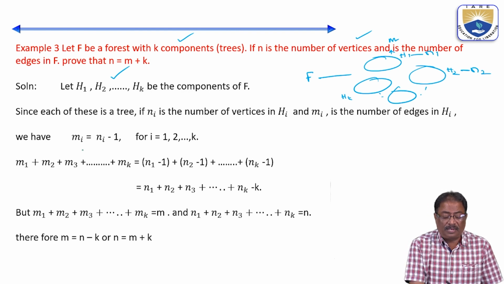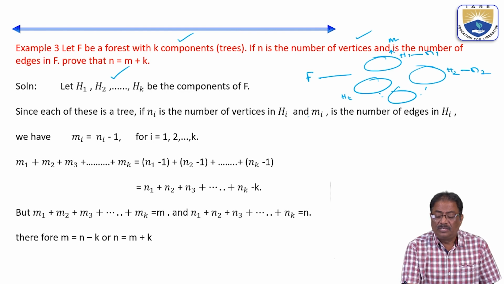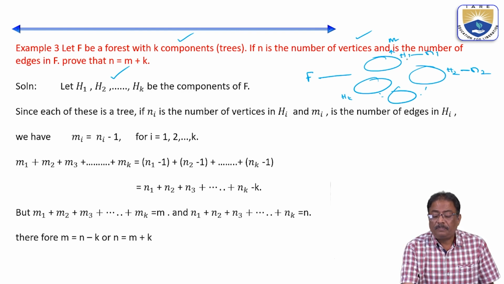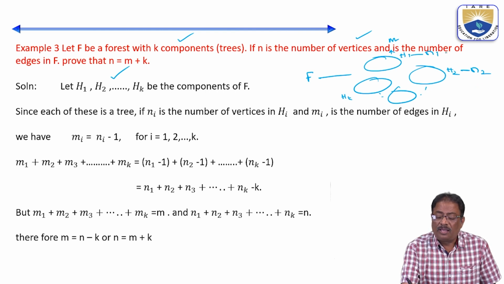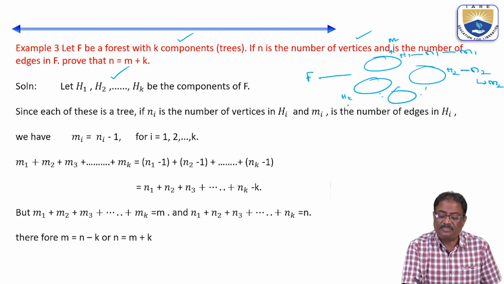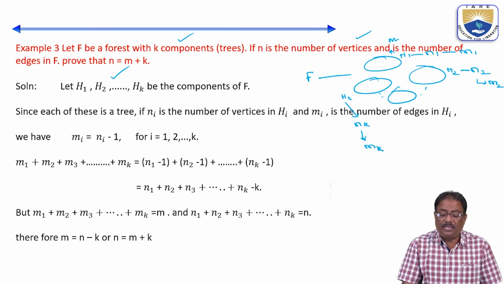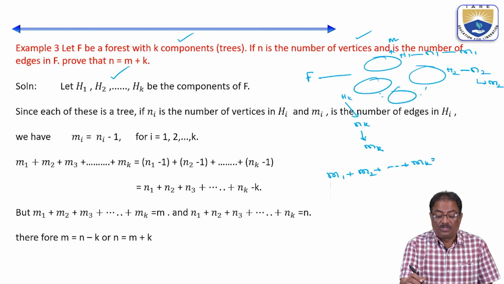And definitely each has some number of edges. Let us say H1 has m1 edges, H2 has m2 edges and so on, up to Hk with nk vertices and mk edges. So the total number of edges is m1 plus m2 plus and so on up to mk.